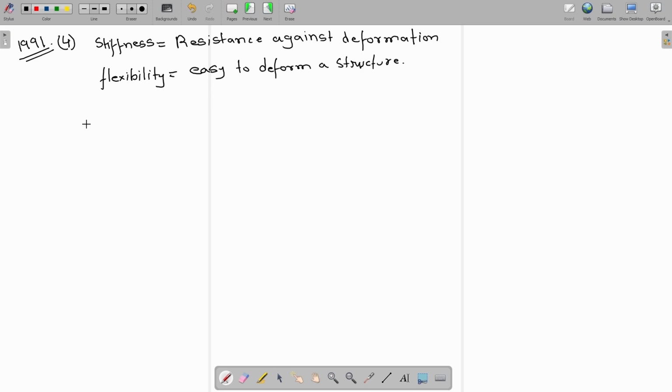Okay. Now, what is the formula of stiffness? Stiffness is given by force upon displacement or deformation.